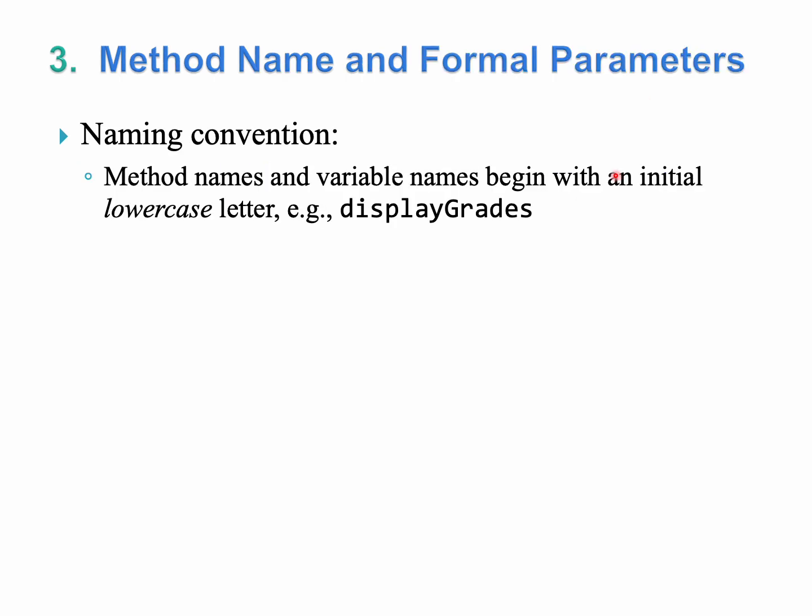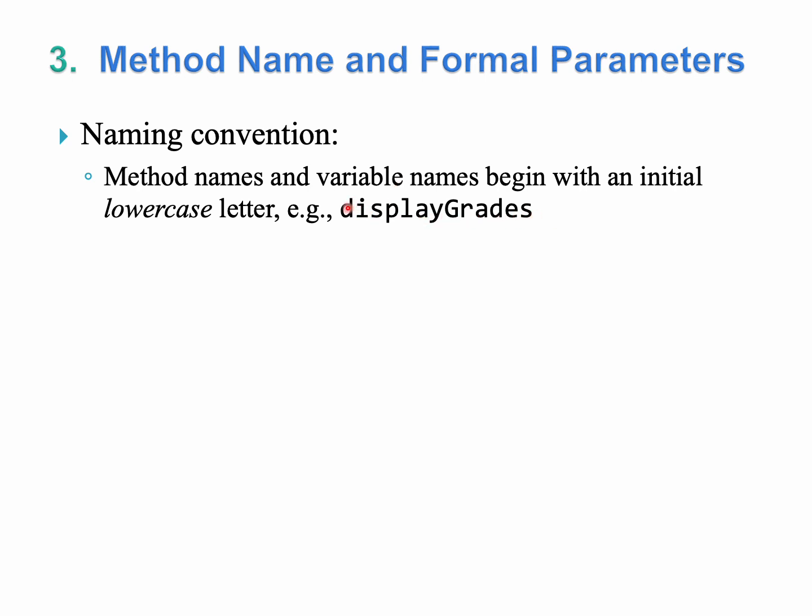A method name can be any valid identifier. However, to make the program easier to read and maintain, we adopt the naming convention in which method names begin with an initial lowercase letter, similar to variable names, such as displayGrade.